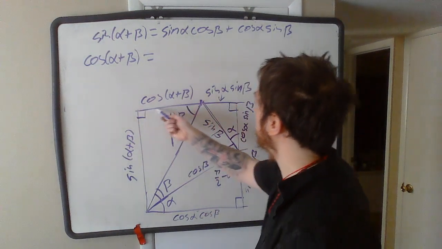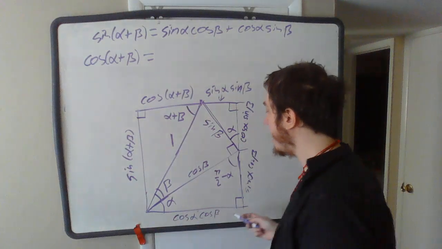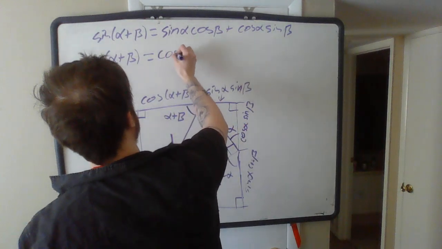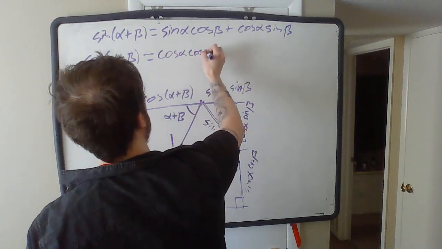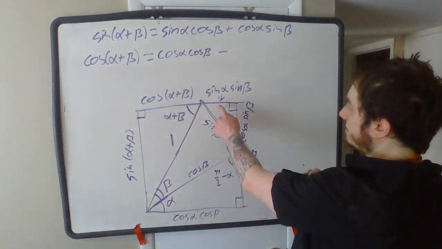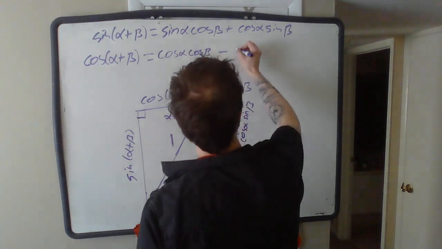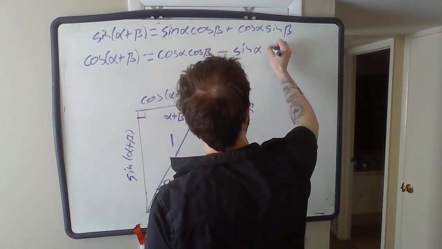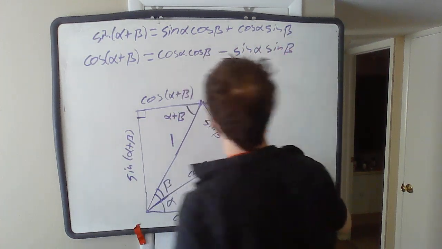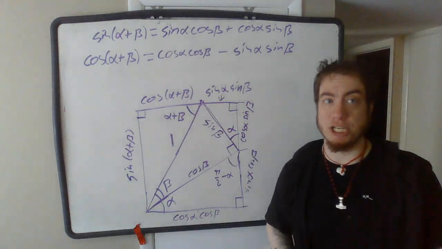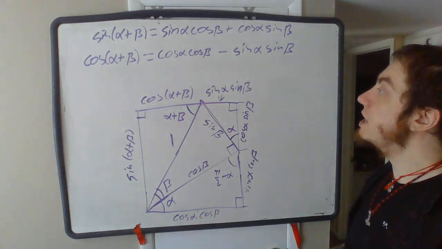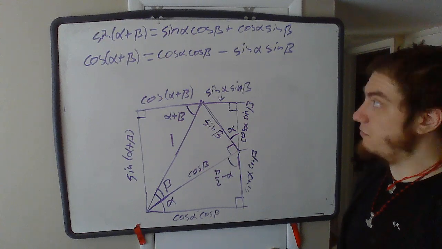The length of this segment is the length of the bottom, which is cosine alpha cosine beta, minus the length of this segment here, which is sine alpha sine beta. And this establishes the identity that we want for alpha plus beta, for cosine.